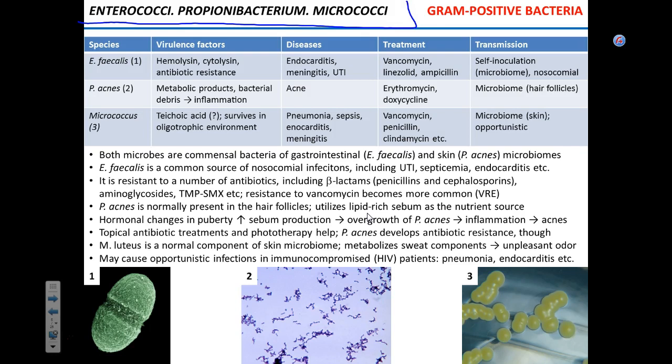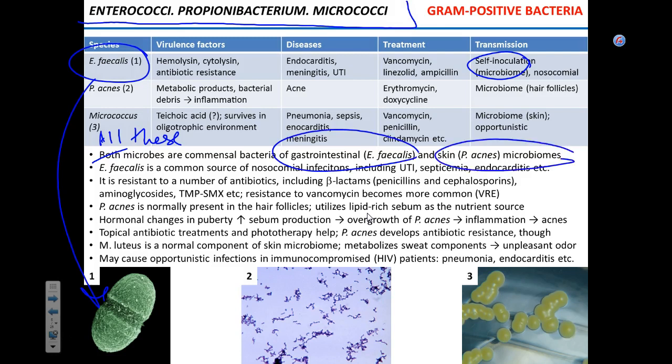We're going to start with Enterococcus faecalis, which is a normal component of the human gut microbiome. Does that make sense? All these microbes are commensal bacteria. Enterococcus faecalis is found in the gastrointestinal tract. Propionibacterium and Micrococci are found on the skin.